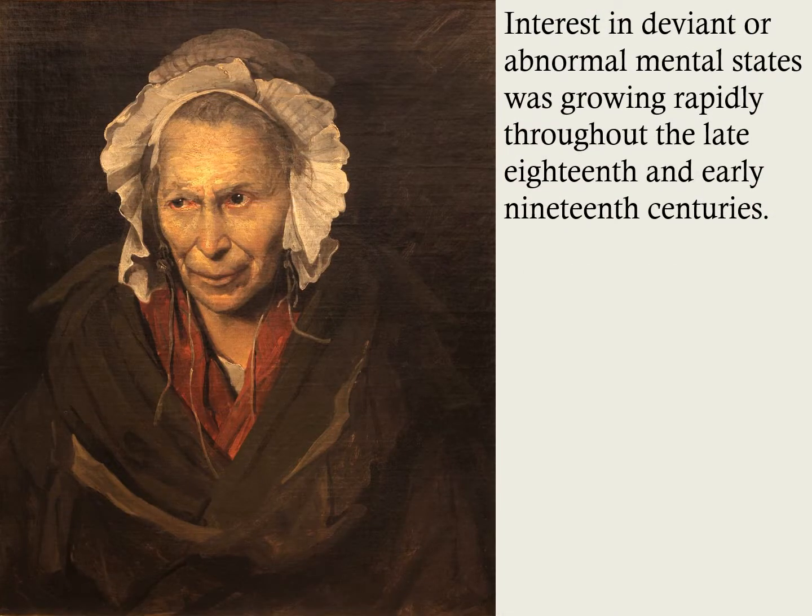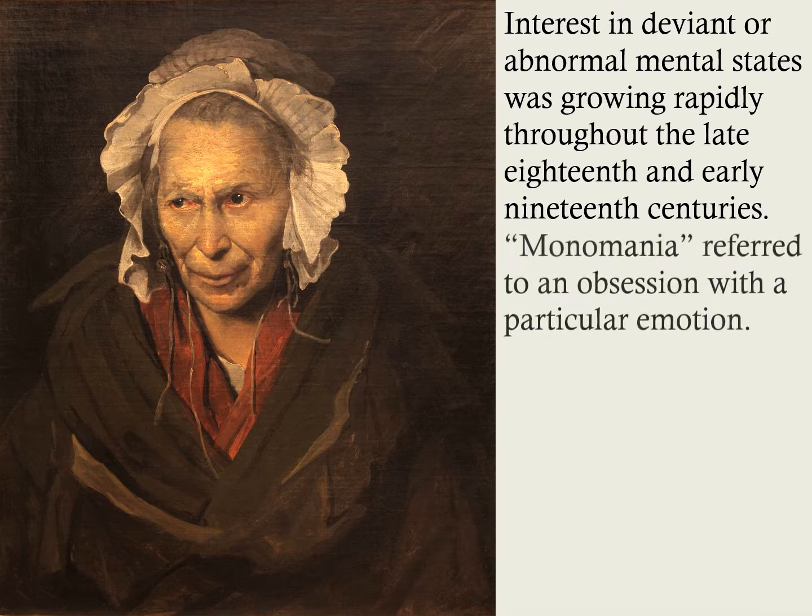So abnormal mental states, madness, like this picture of a mad woman here. This interest in the mad, the insane, the crazy, was growing throughout this period. What is going on in the heads of mad people? And in some ways, are we all mad? In a certain sense.